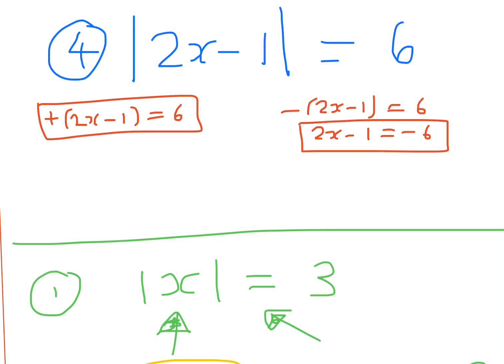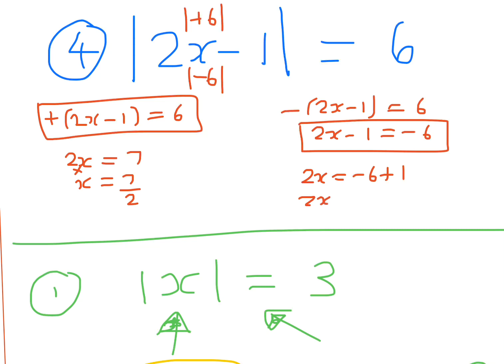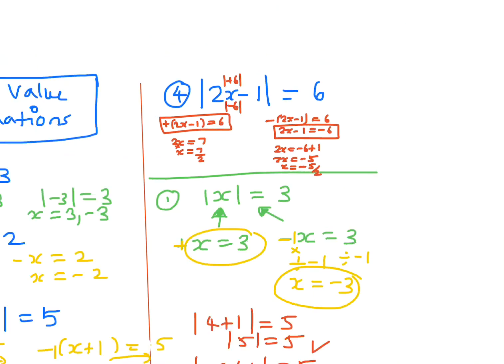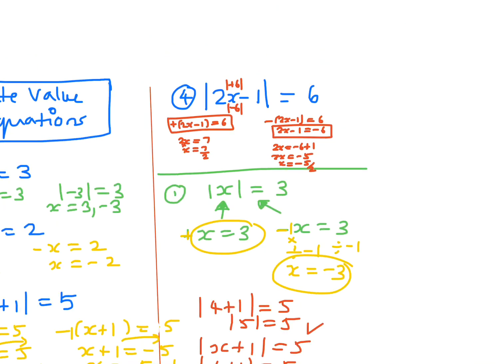I'm just trying to show you that inside there could have been a plus 6, or it could have been a minus 6, that you absolute valued. So that means that 2x would equal 7. x equals 7 over 2, because you divide by 2. 2x equals minus 6 plus 1. 2x equals minus 5, so x equals minus 5 over 2. And that would be your solutions.